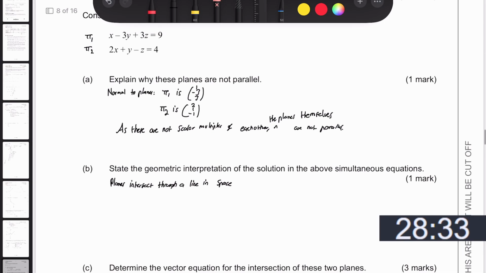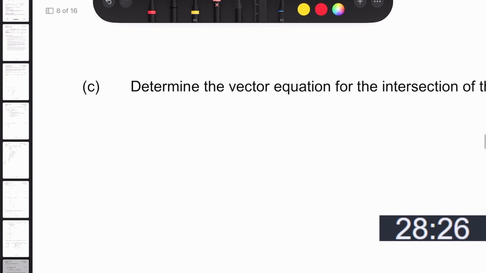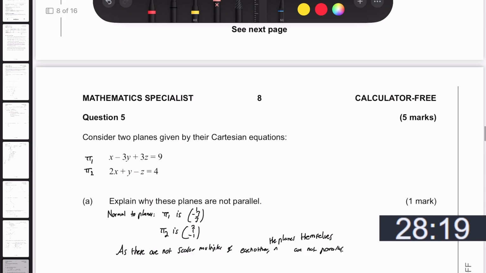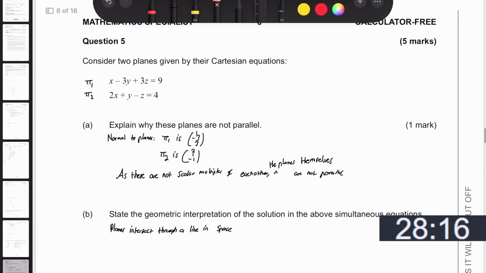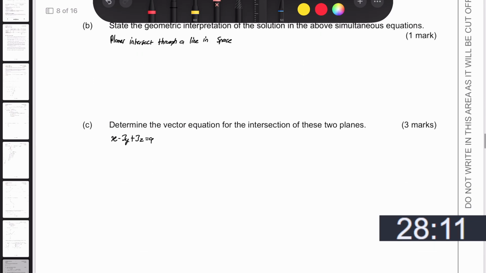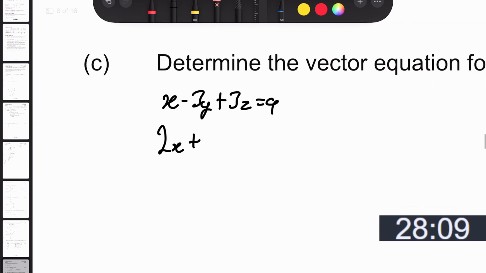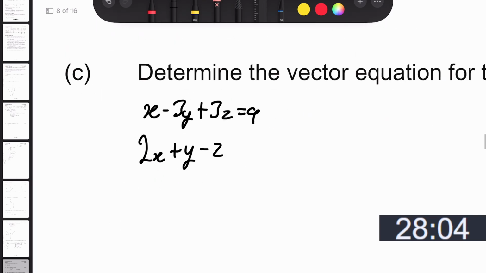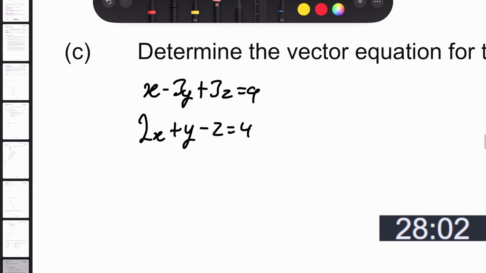So let's rewrite them again. x minus 3y plus 3z equals 9. And then we have 2x plus y minus z equals 4. So let's say this is 1 and this is 2.